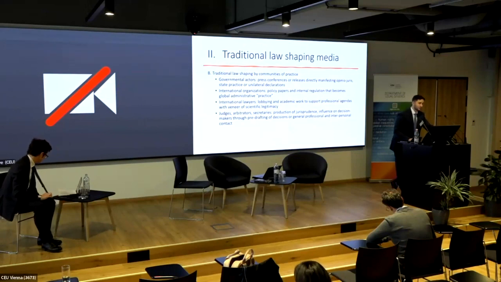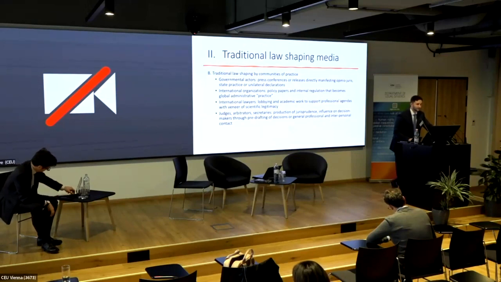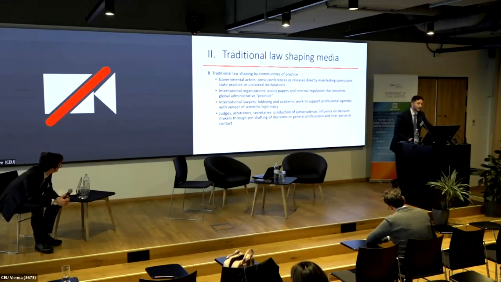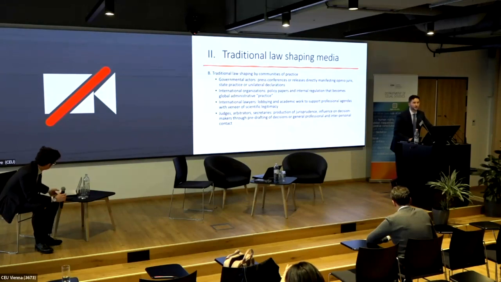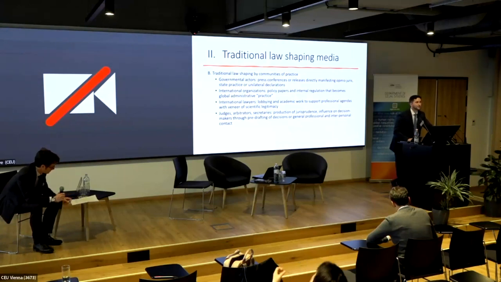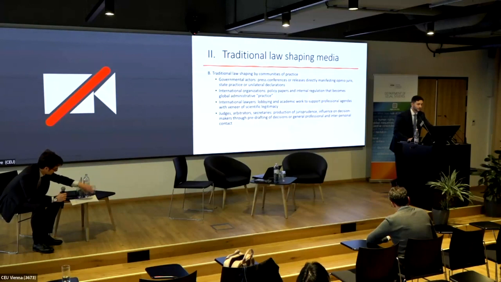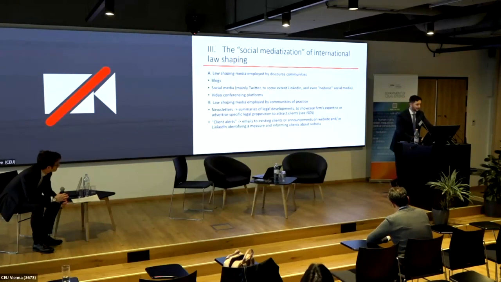Organizations, both IGOs and NGOs, draft and publish policy papers. They publish internal regulation, which then becomes part of a global administrative practice, so to speak, and then feeds into international law more generally. Then international lawyers, meaning practitioners, they lobby. They also produce academic work to support their own professional agendas, of course, with a veneer of scientific legitimacy. And finally, judges, arbitrators, secretaries, they produce jurisprudence in ways that Tommaso Soave, of course, knows much better than I do. And they shape law in that way.